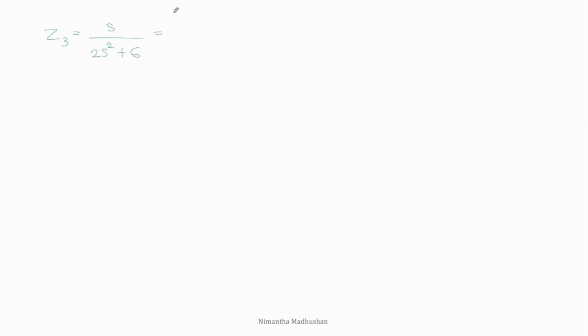Then we have to consider 1 over Z3, which is equal to Y3. 1 over this one, that means 2S squared plus 6 over S, which is 2S squared over S plus 6 over S. One S will cancel, then we can write 2S plus 6 over S. These are the small admittance values.